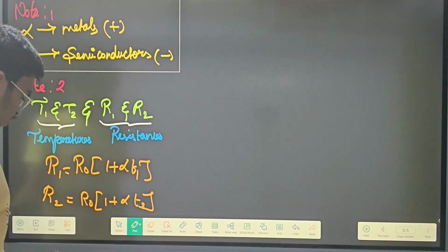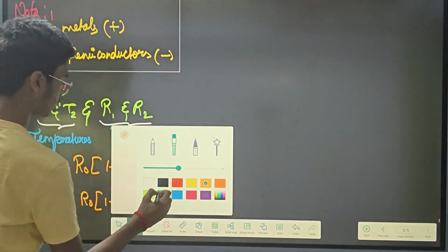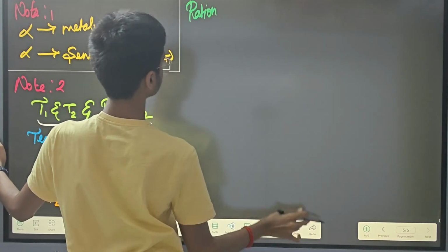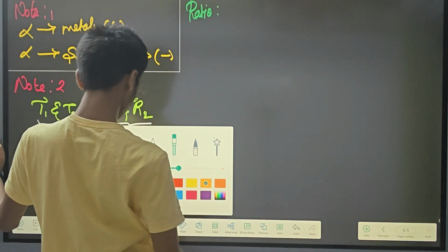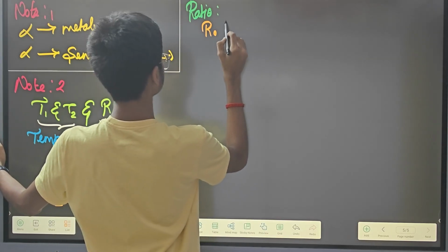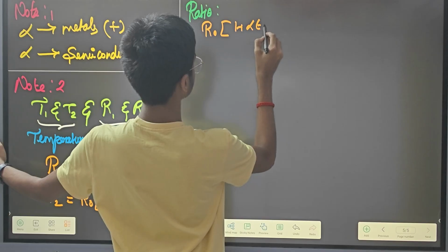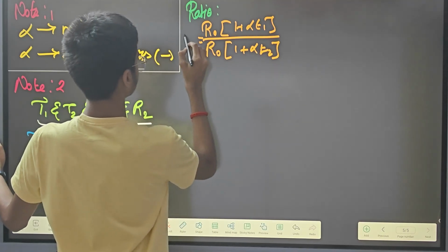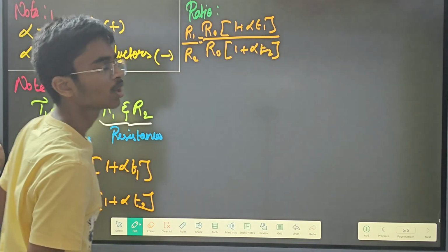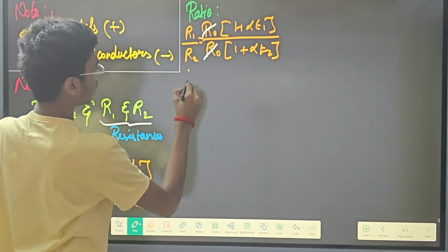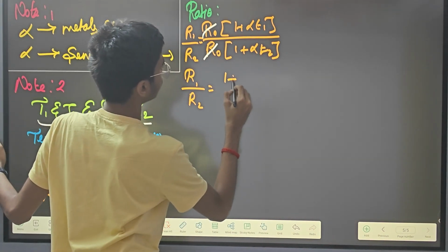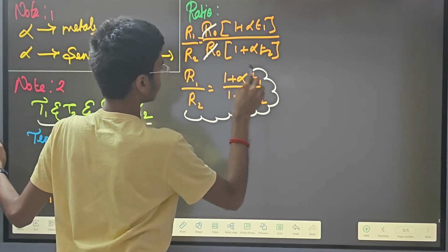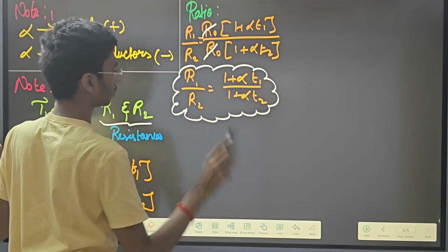If you just have to divide these two, if they are asking for the ratio, then the ratio R1 by R2 is R naught into 1 plus alpha T1 divided by R naught into 1 plus alpha T2. The R naught terms cancel out, and R1 by R2 is equal to 1 plus alpha T1 by 1 plus alpha T2.